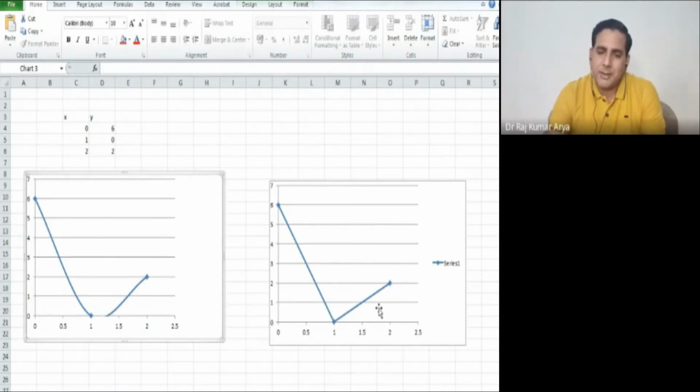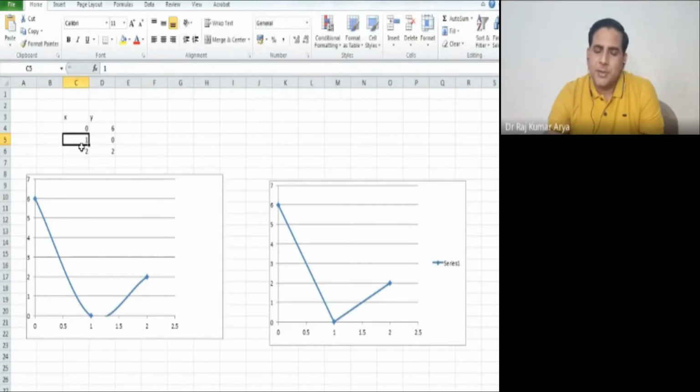The linear is just a quick estimation here, but most of the time it is not advisable if you have some other technique. Therefore, your Lagrange is something better. If you can see your data points here, at X equal to 1, your Y value is 0.